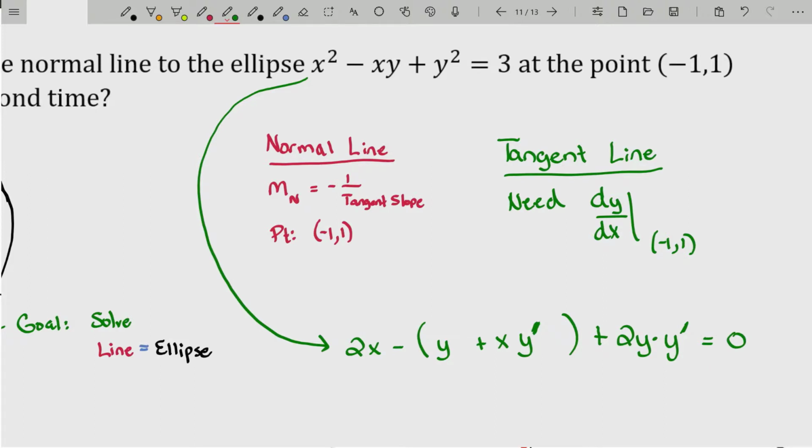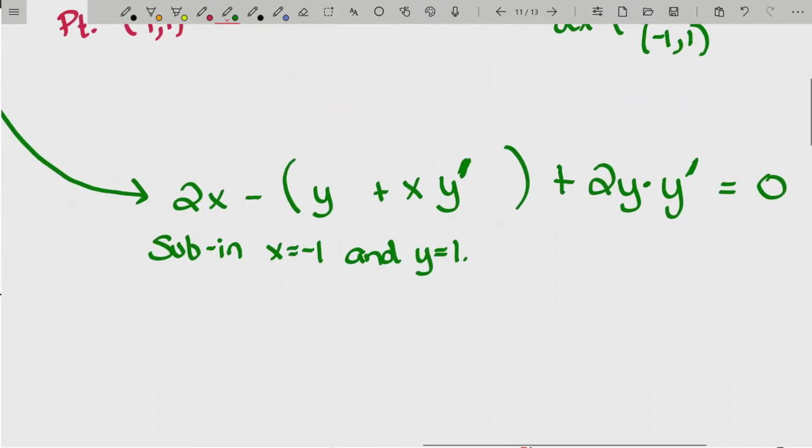And now I'm going to substitute in -1 for x and 1 for y. Let's go ahead and do that. So this is going to give us -2 minus 1 minus y prime. And this time I'm not going to write y prime.